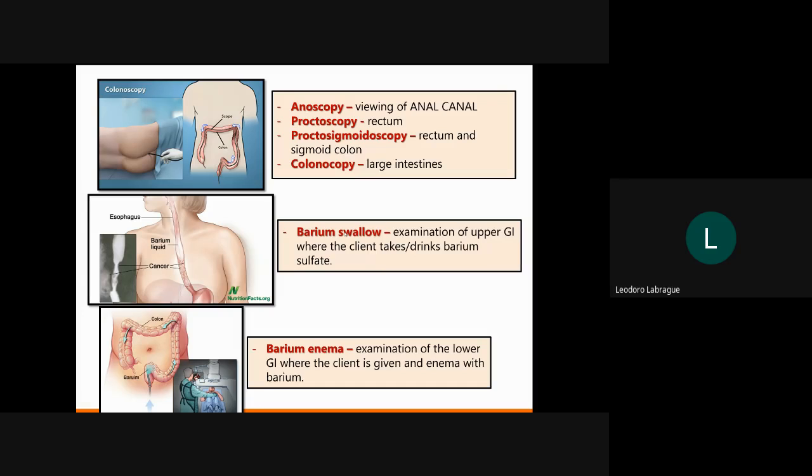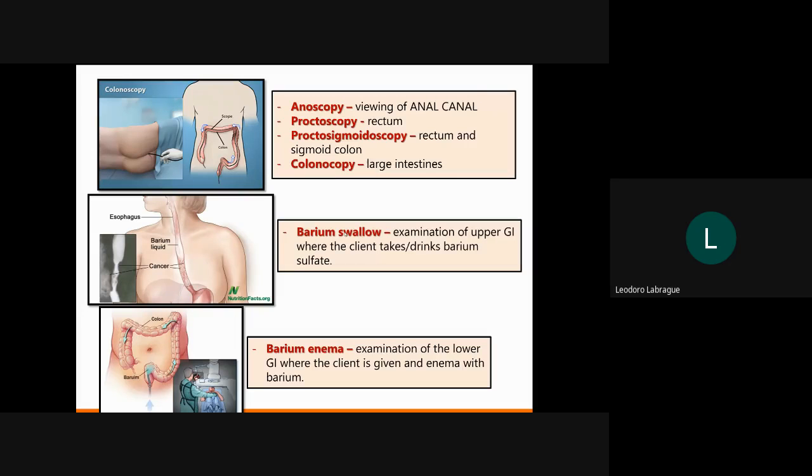This procedure is special because before the examination, the patient drinks barium sulfate. What is barium sulfate? This is a chemical given to the patients to drink before the exam. And after the barium is taken by the patient, the patient will be sent for X-ray.